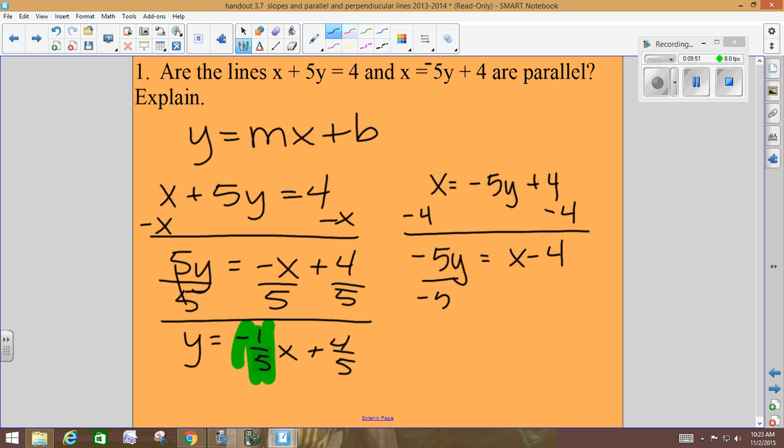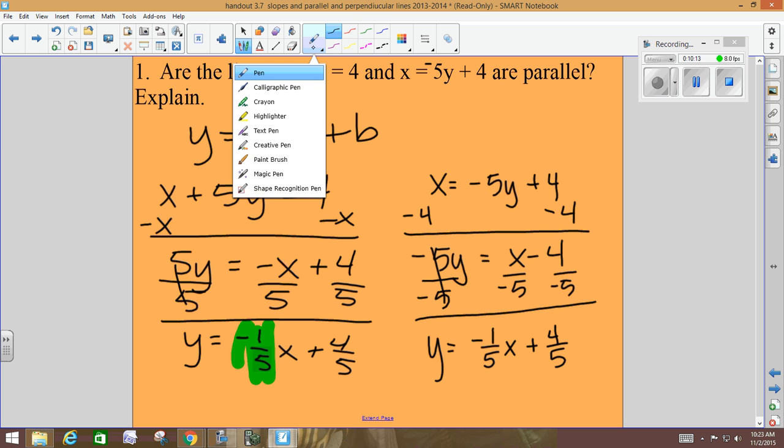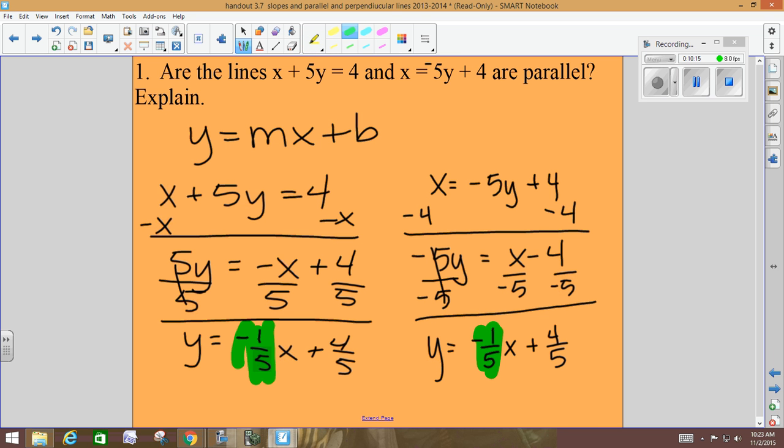Divide by -5. Y equals, what's that coefficient out front? A 1. So this becomes negative 1/5 x. A negative divided by a negative is positive 4/5. What's the slope of this line? Negative 1/5. So would you say that they are parallel?